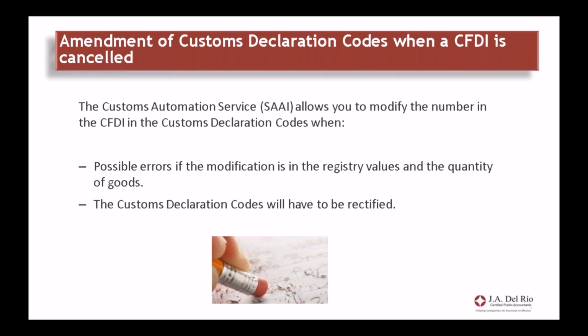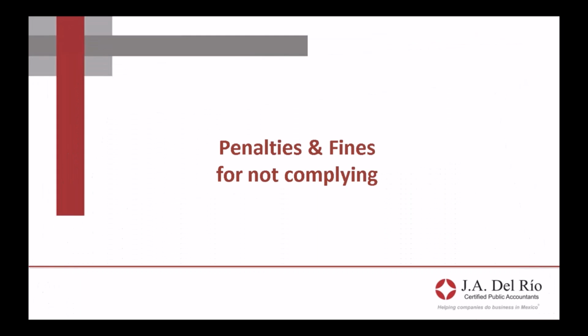So far, we can make a quick summary here. Based on the examples that we have seen, you can sense that the government wants to have a very tight control over the exportations that Mexican taxpayers are making. That's pretty much the sense.